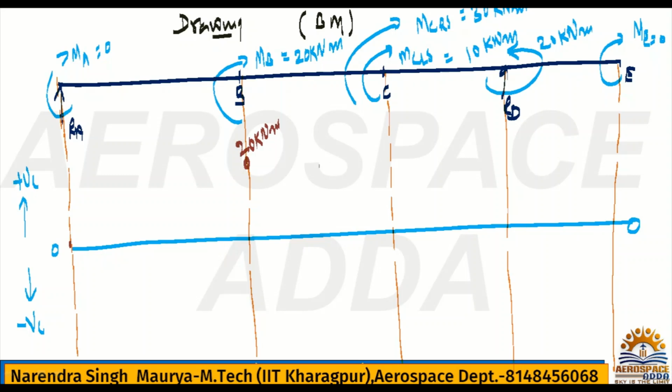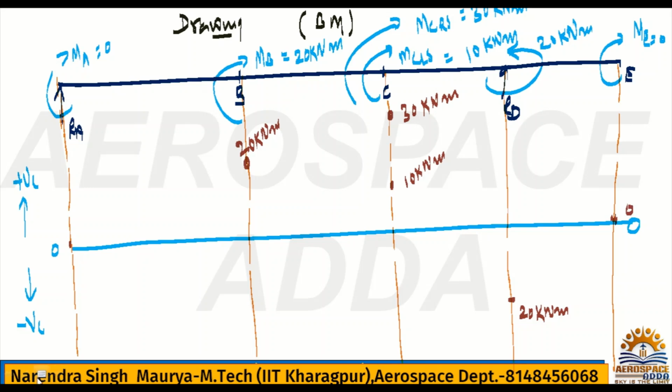If you go to C, then you have 2 moments at C. It is 10 kilonewton meter, but again at C, left side is 10 kilonewton meter, and right side becomes 30 kilonewton meter. At D it becomes anti-clockwise, meaning minus, so this is my 20 kilonewton meter, and at E it becomes 0.